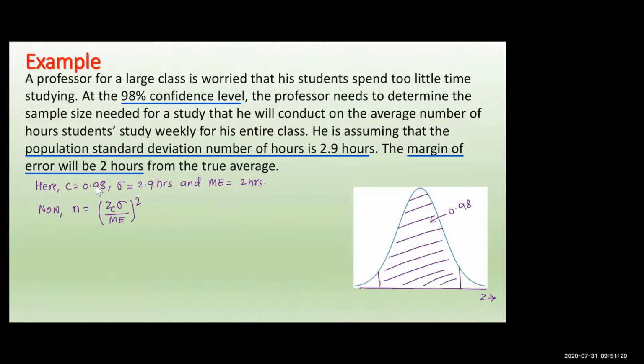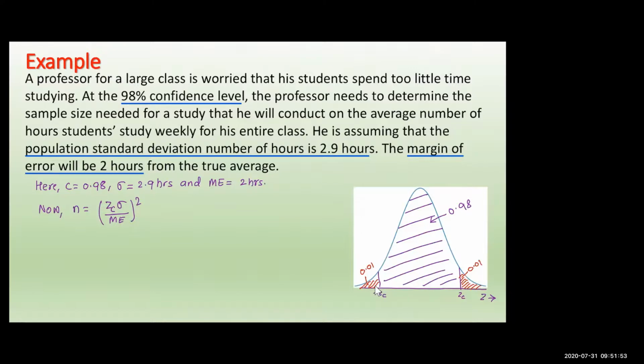This is z sub c, this is negative z sub c. You have 98% area in the middle, so the remaining 2% is divided on the two tails. So each tail has 1% area. This area is 1% or 0.01, and this area is also 1% or 0.01.